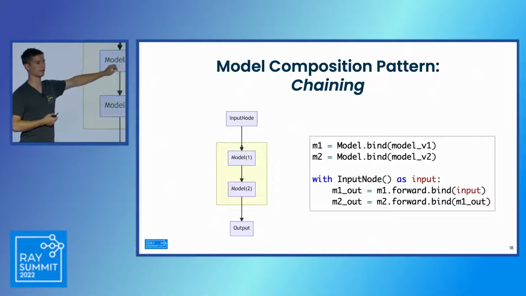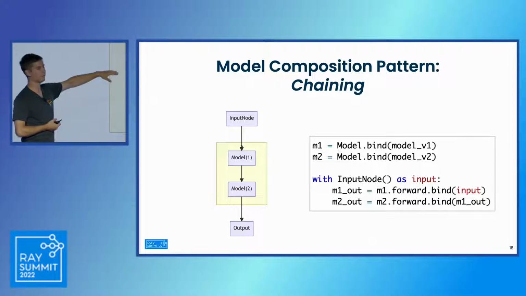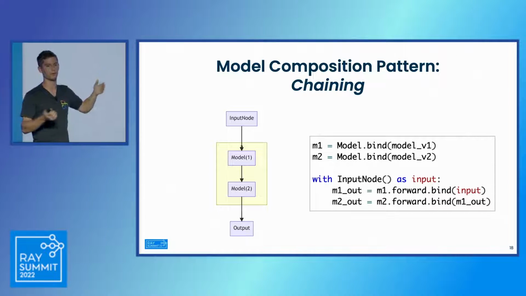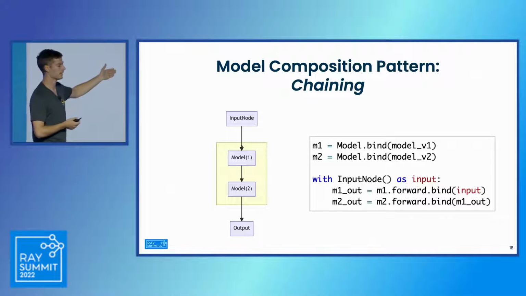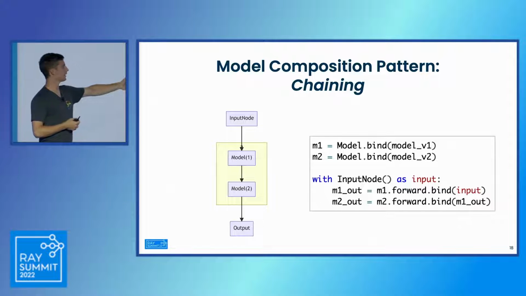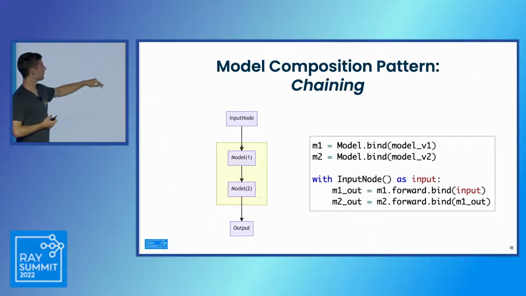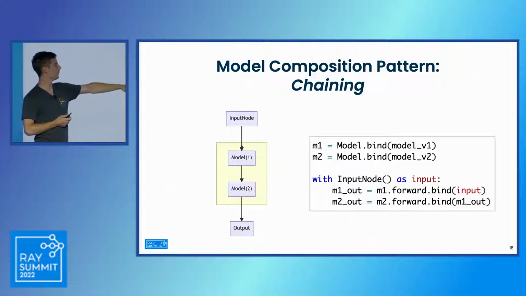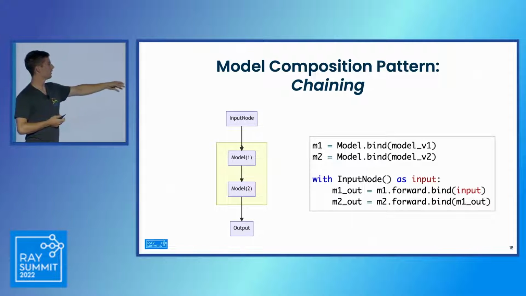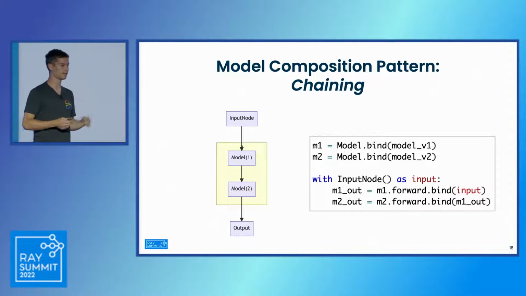So here we're defining M1 and M2, which maybe they have different URIs for MLflow, or the model is saved in S3 or something like that. And then we just write a block of ordinary Python code that defines the orchestration logic. So here we take the input, we pass it to M1, we take the output of M1, and we pass it to M2. And that's all there is to it.